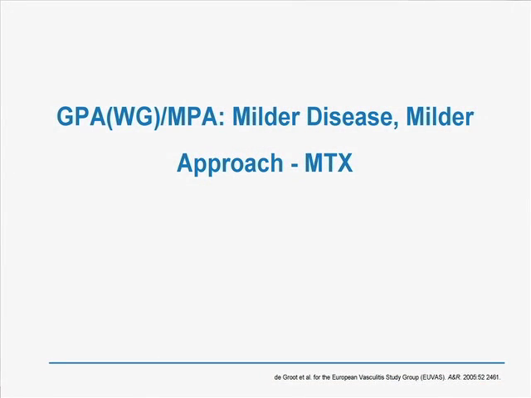Now let's go back. I've just been showing you studies about severe disease, and I'm going to introduce another scenario to you where people with GPA or MPA have milder disease. And the question is, can they get by with a milder approach and not use cyclophosphamide at all?